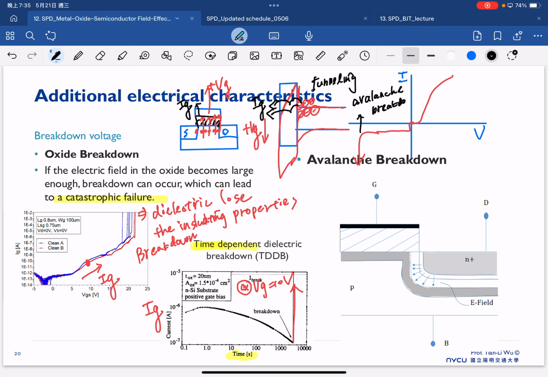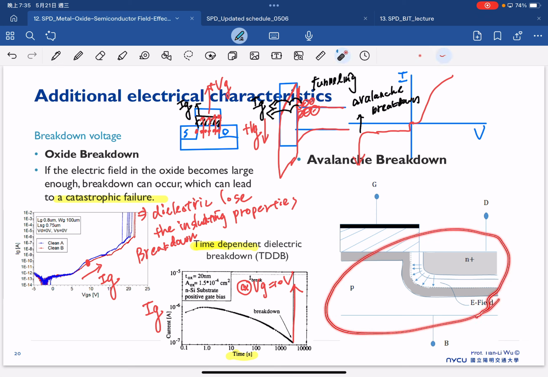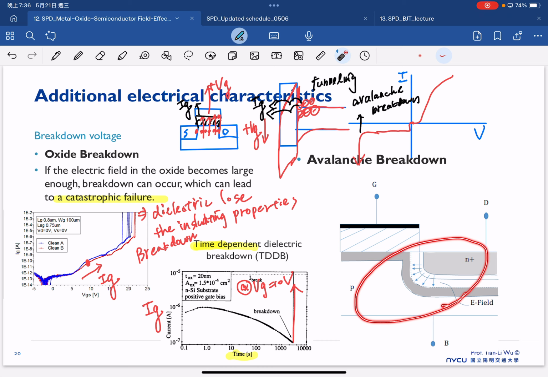So the large current observed here is due to the avalanche breakdown. As I already said, the reason to learn the PN junction is not only for the PN diode, because in our transistor we have many PN diodes. So you can expect in one transistor, in the region between the drain and the substrate, there is another reverse PN diode here.